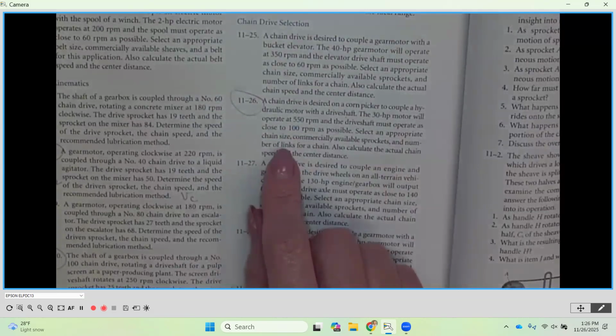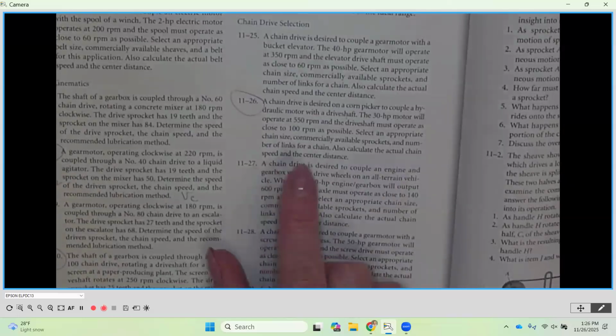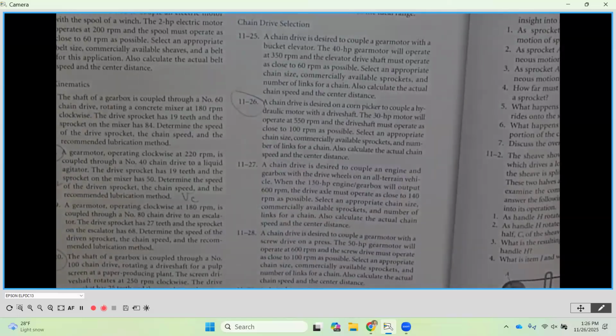Select an appropriate chain size, commercially available sprockets, and the number of links for a chain. Also calculate the actual chain speed, that's going to be VC, and the center distance. So just like the problem that we just did. You can use that as your guide.